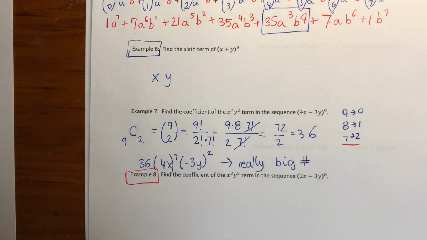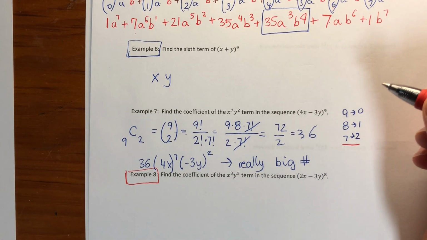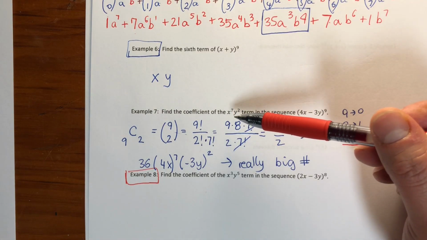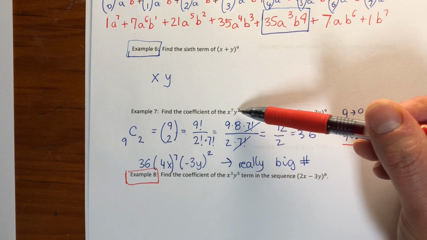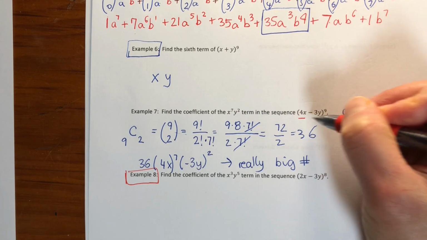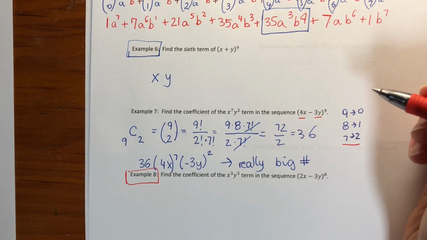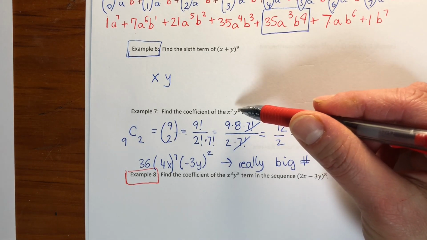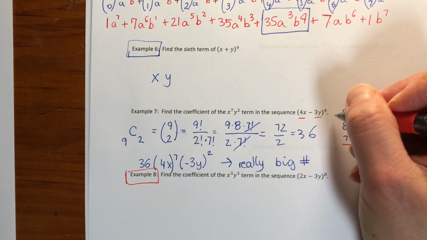All right, guys, just to fast forward a little bit, I want you to see what just happened. So now we are on example number 7, and we are looking for the coefficient of x to the 7th, y to the 2nd of this magic thing. And I want you to see how there are some numbers with x and y. So what I am trying to figure out is what number of the term that is.